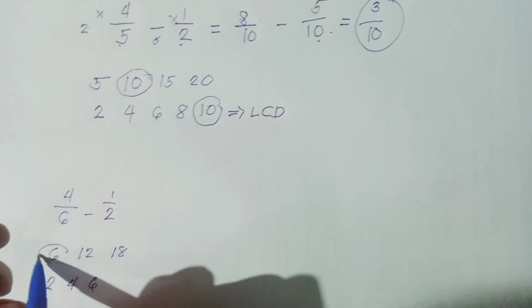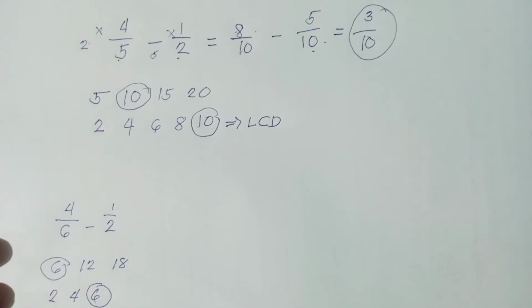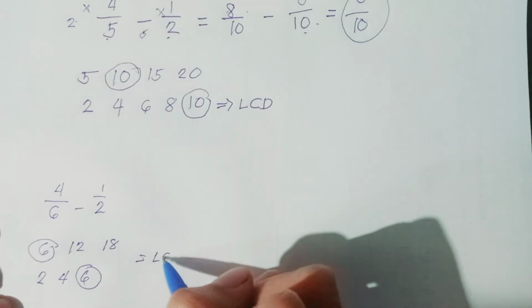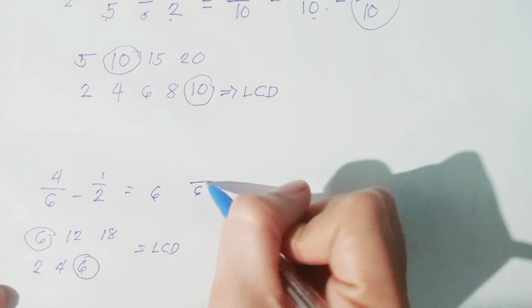Now we find the least common number among the two denominators. So we will use 6 as our LCD. Let's put 6 here and then 6 there.